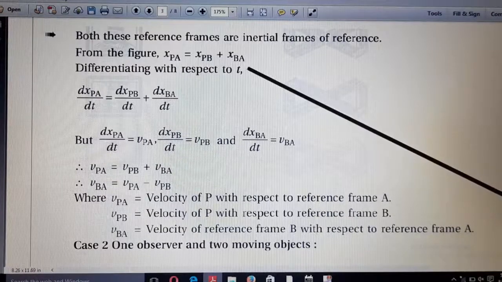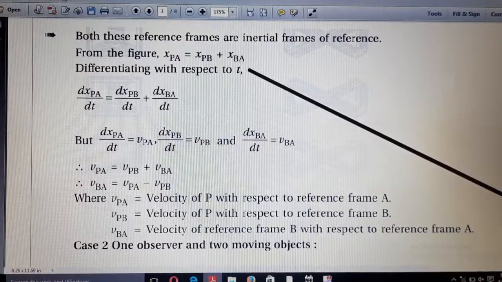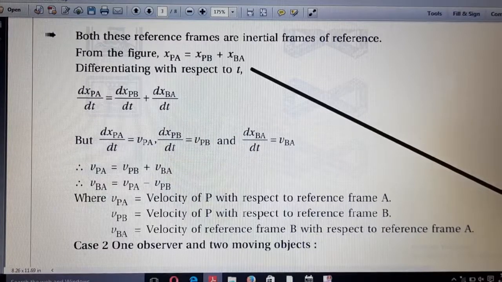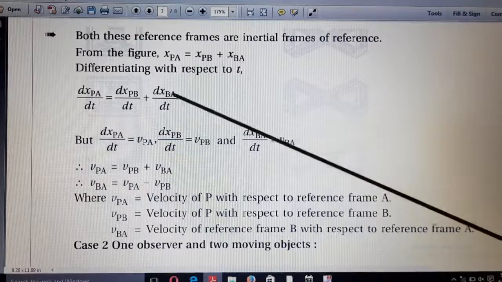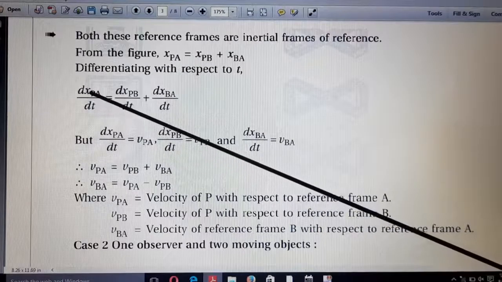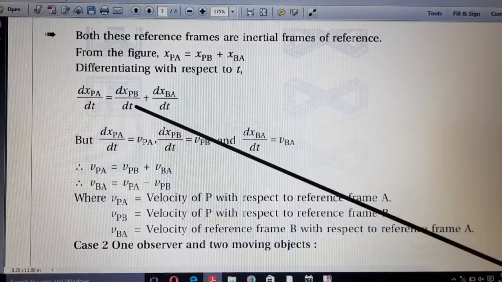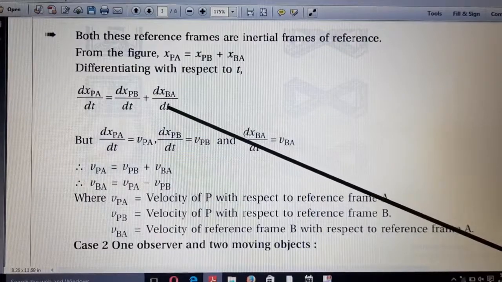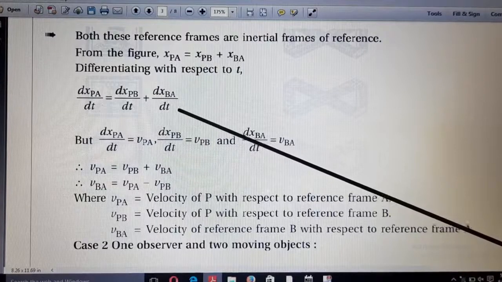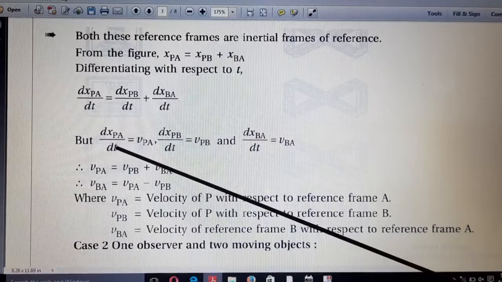Friends, suppose now we want to find the velocity. So now we take differentiation of this equation with respect to t. So we can write dXPA upon dt is equal to dXPB upon dt plus dXBA upon dt. But according to the definition of velocity, velocity is equal to displacement upon time.